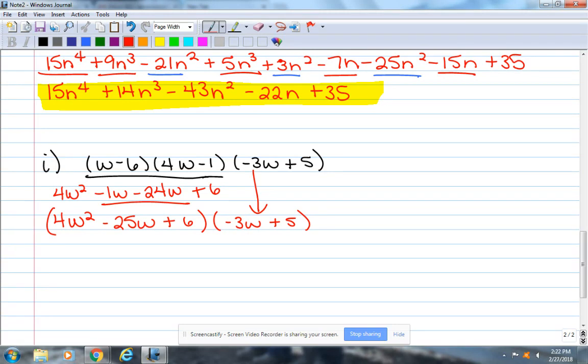You don't do the 3 times the 2. You're going to do 4W squared, -3W, and then these 2 times each other, and then these times each other. Okay. So I'm going to start with -3W times 4W squared, and what's that?